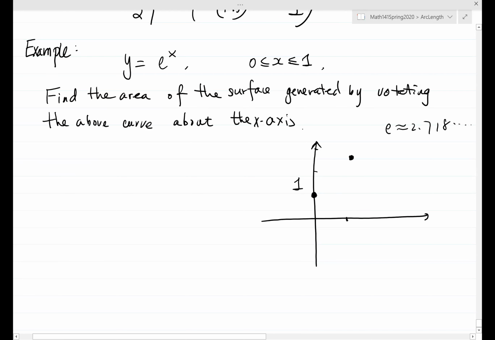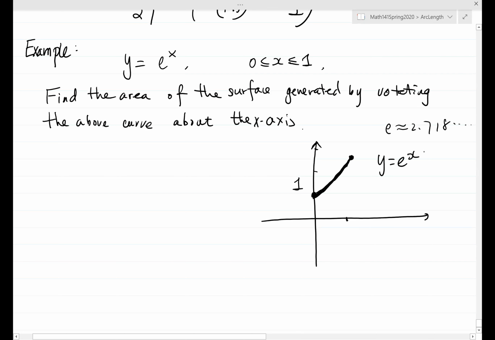So this curve looks somehow like this: y equal to e to the x.